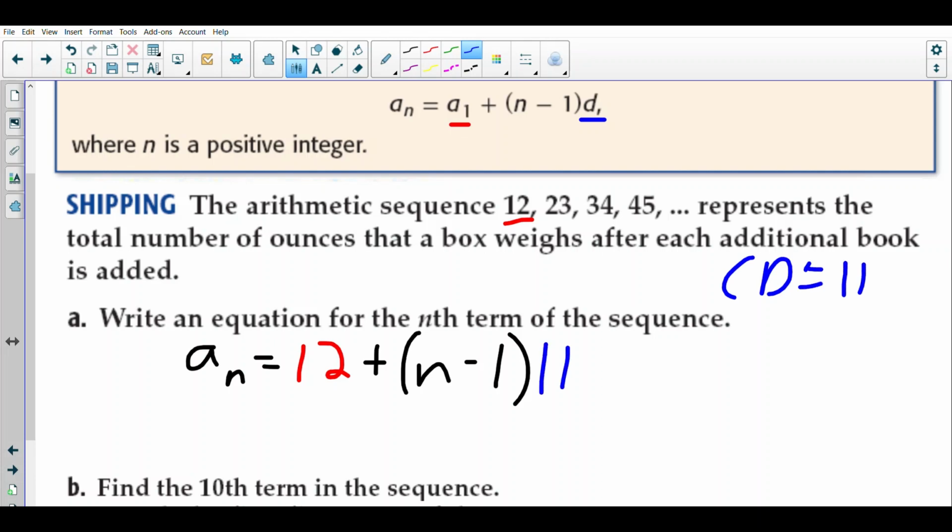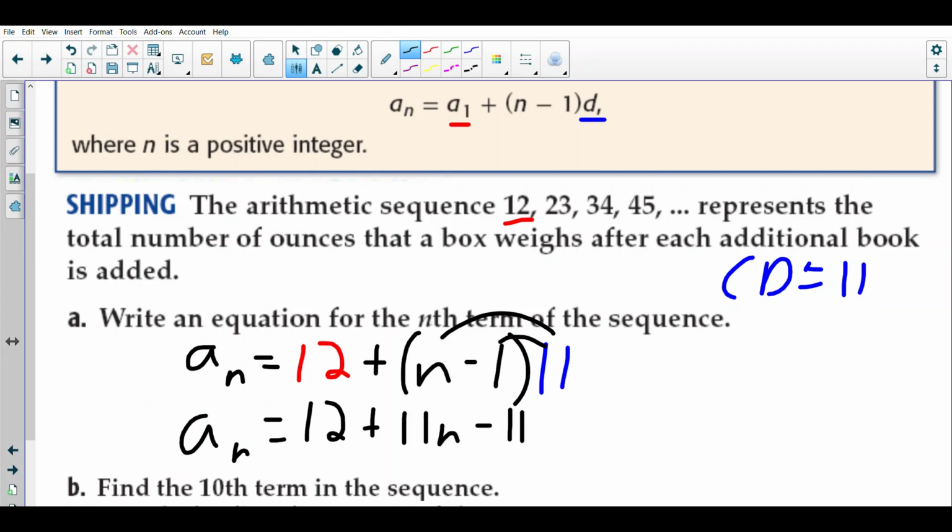So we're going to multiply that by 11. And then we're just going to simplify. So the nth term is equal to 12 plus, now we're going to distribute, 11n minus 11. And this gives us a formula of a sub n is equal to, combining like terms, 11n plus 1. So there's our formula.